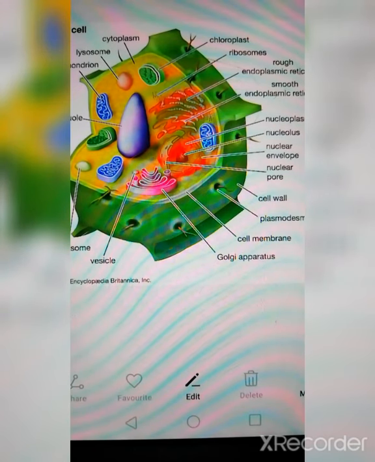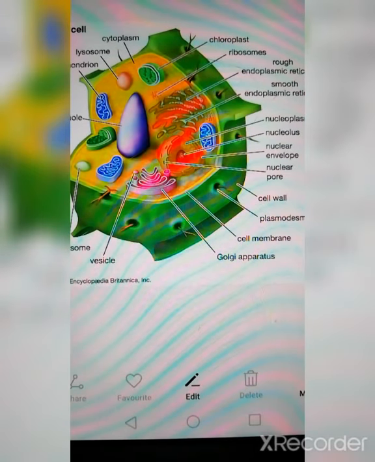Generally, the chloroplast is found in the plant cell, and it is found in the green parts of the plant as well as certain stems of the plant, which are tender. Chloroplast is generally of three types. First one being chromoplast, which is colored, and leucoplast, which is colorless, and the chloroplast.